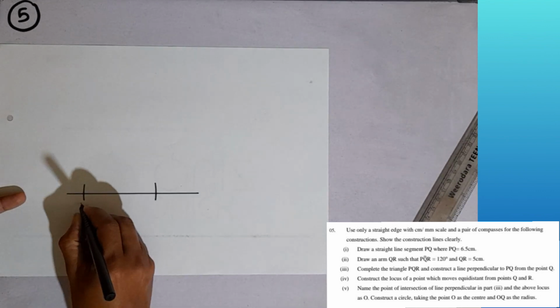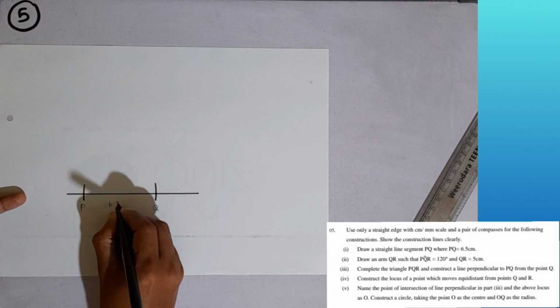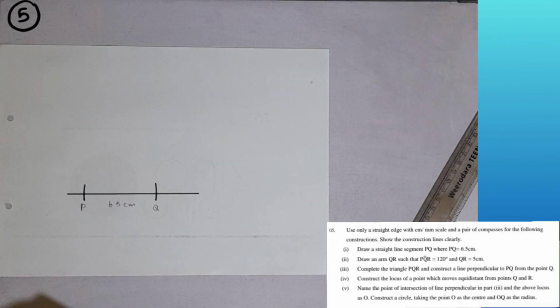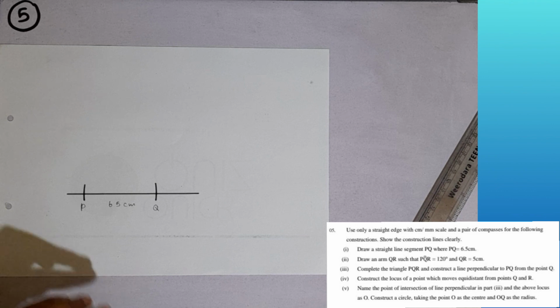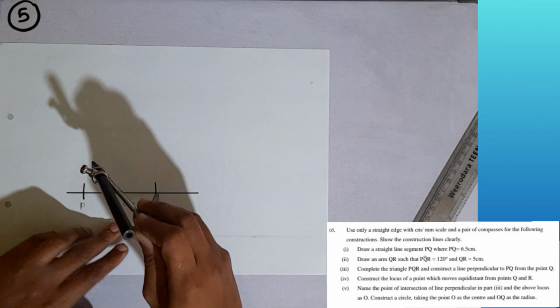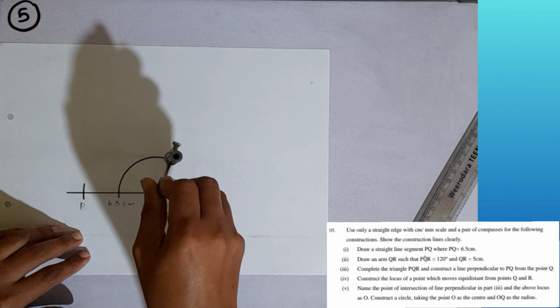This is PQ, 6.5 centimeters. Then second one, draw an arm QR such that angle PQR equals 120 degrees. PQR should be 120. We have to do the construction like this.